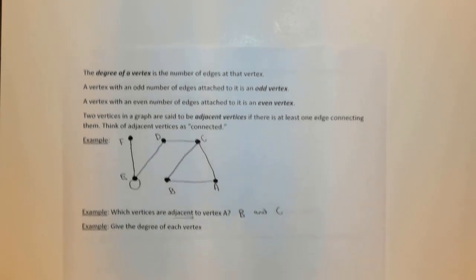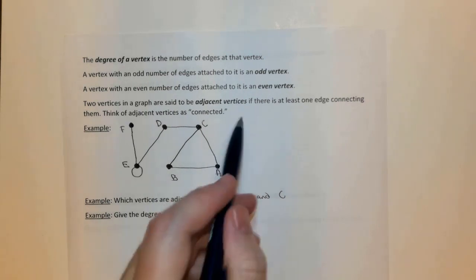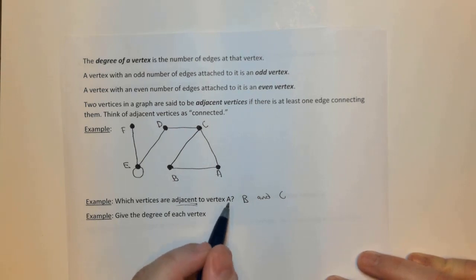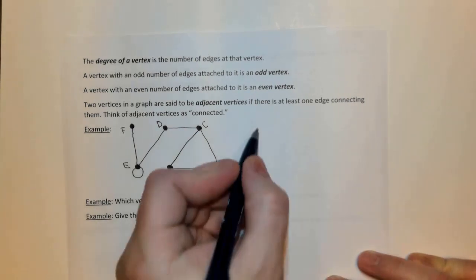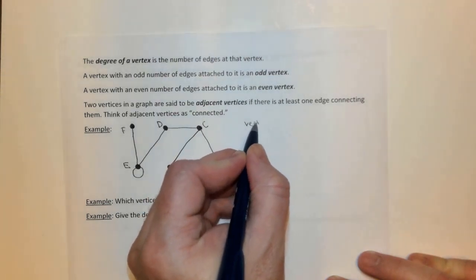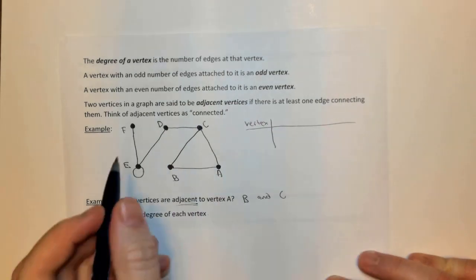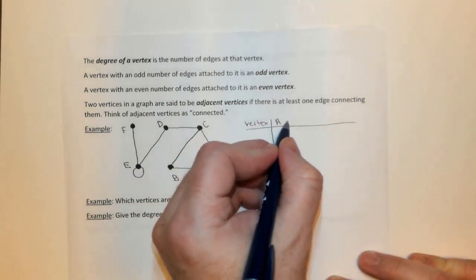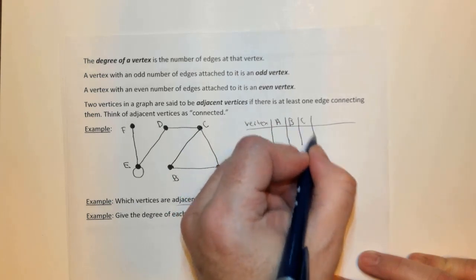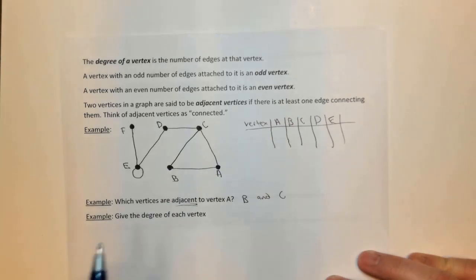Now, the next question, what's the degree of each vertex? I think I'm going to answer this one up here. I'm going to give you a table. That's what you're going to see in the homework anyway. So what they do is they say, here's our vertex. They're going to label all your vertices. I'll do it alphabetical. A, B, C, D, E, F, and that's it.